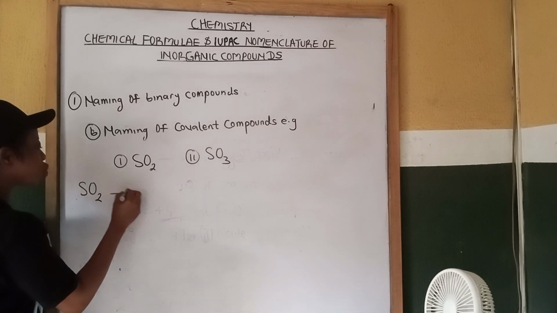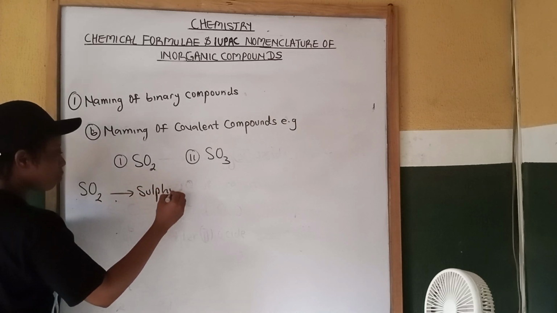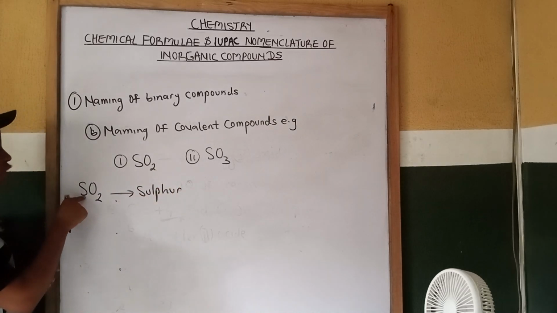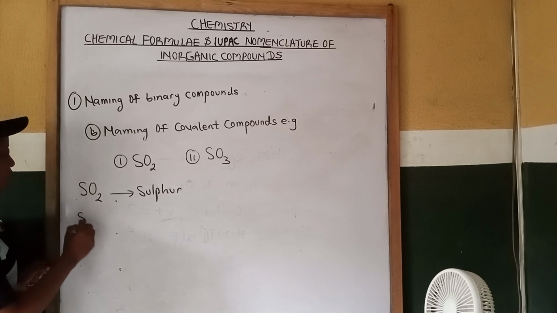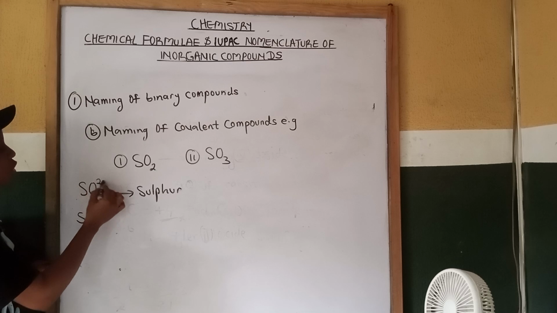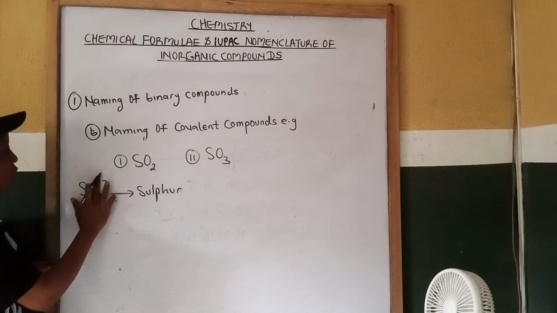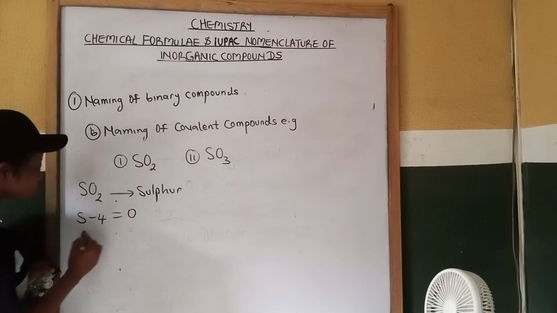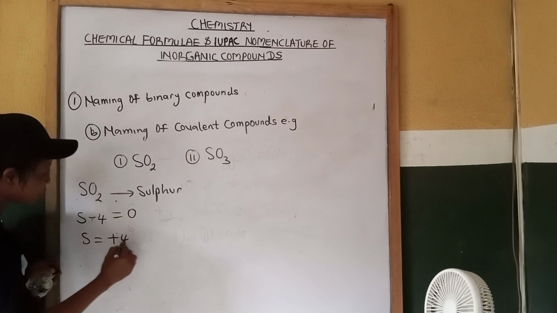So let's name the first one. S is sulfur, followed by the oxidation number of sulfur. So you calculate the oxidation number of sulfur. Sulfur is my unknown. The charge on oxygen is minus 2. Minus 2 times 2 will give me minus 4, equal to 0. S equal to, bring minus 4 to this side, we change to plus 4.